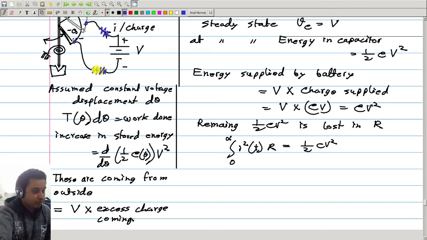Yes, you can do more analysis because of your better understanding, because of your interest. Then you consider how much energy is lost in these resistances, and when you add that energy with this energy, you will get the energy supplied by this battery, and you can verify whether that is equal to the energy as measured from these two terminals.